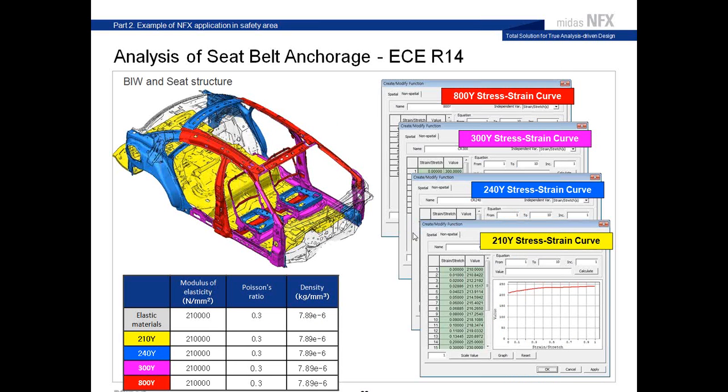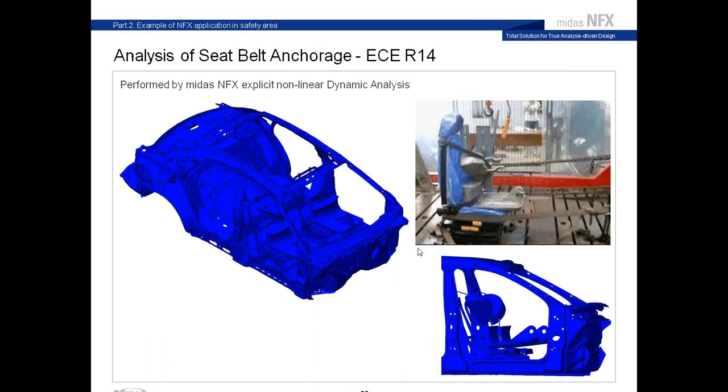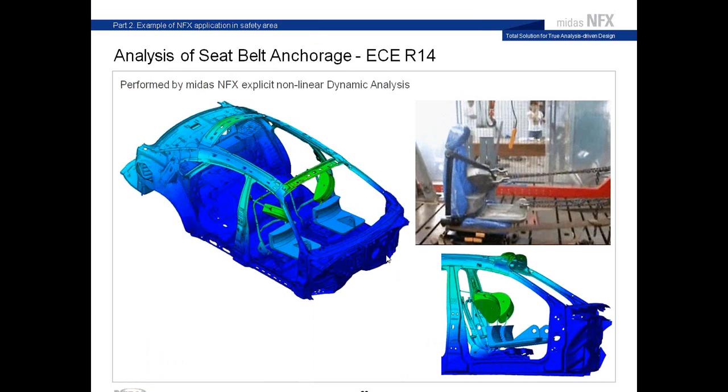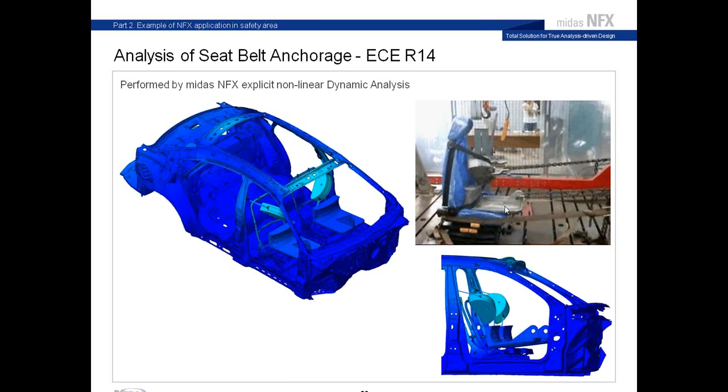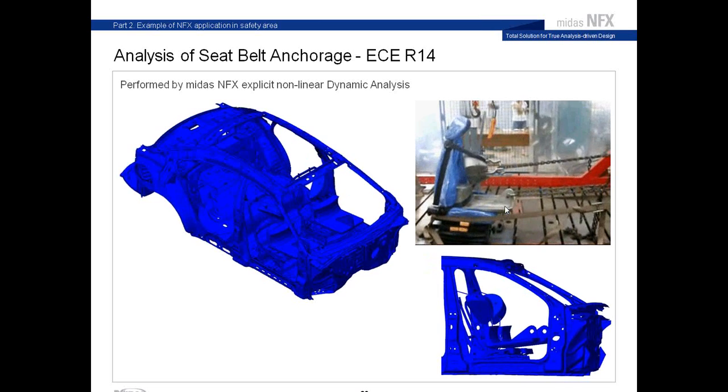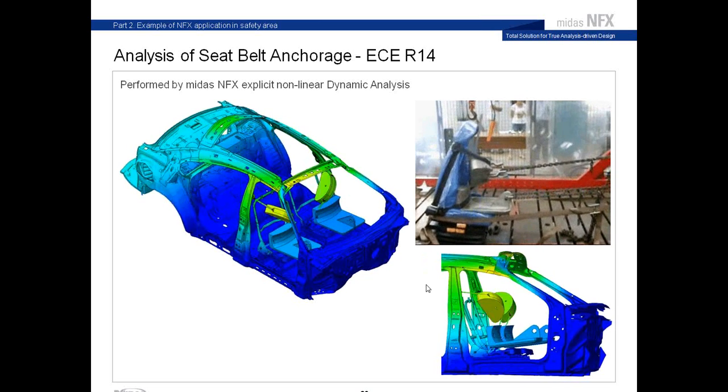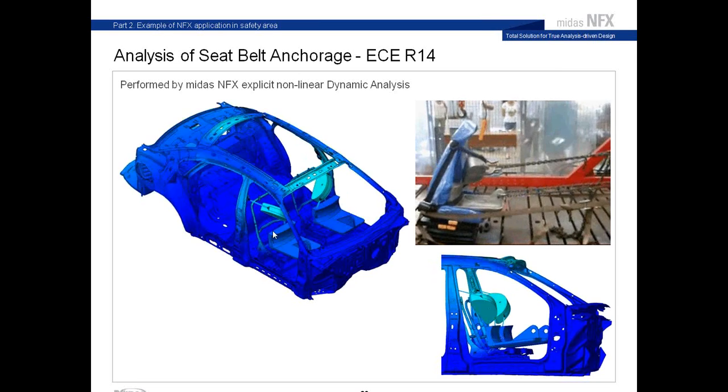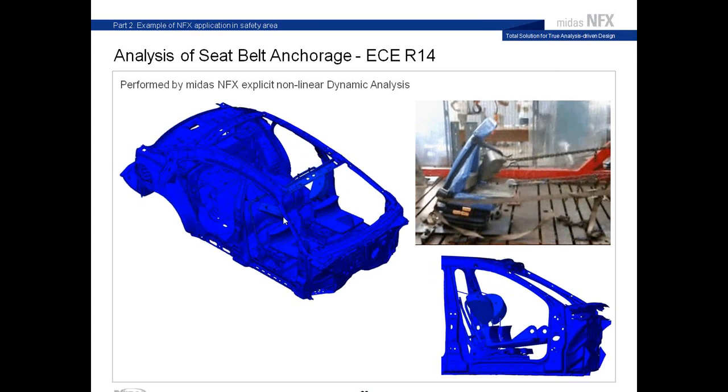Now these are the different stress-strain characteristics of the different materials, and this is the result. You have a small video which shows what actually happened during the physical test, and here the reaction in the simulation.